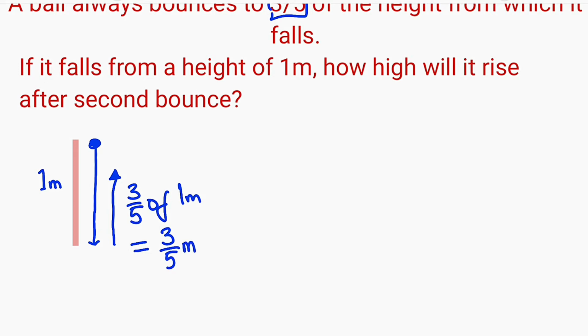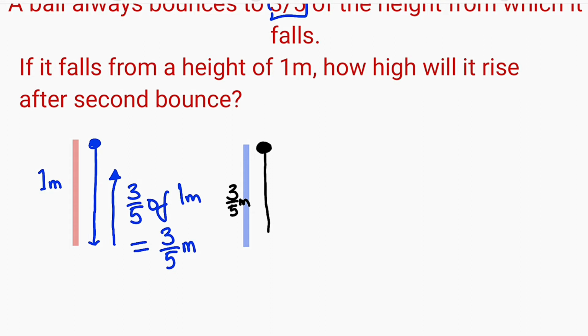So we have 3/5 meter. And from that 3/5 meter, it will fall down again to bounce back. So let's assume this is what we have as 3/5. This is 3/5 meter. The ball is at this maximum level.